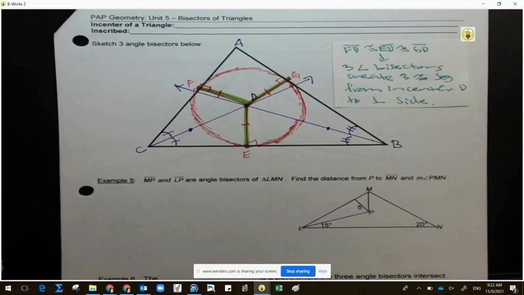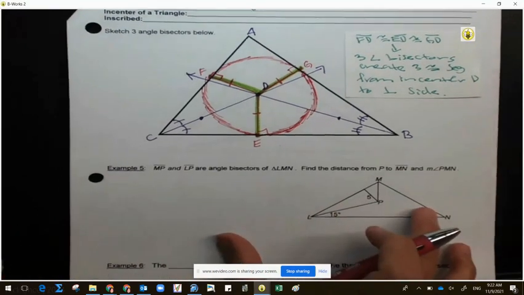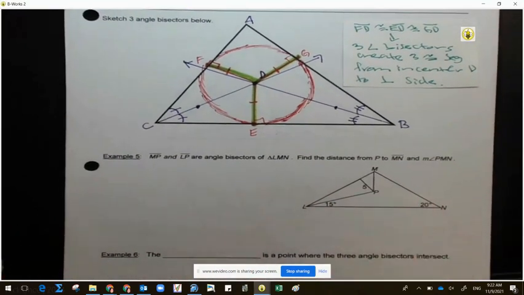Let me see your circle. I approve. That's good. And then Campbell, that looks good. Hannah, that looks good. You guys are good at circles. All right. Should I read this one more time? No, you're good? Okay.